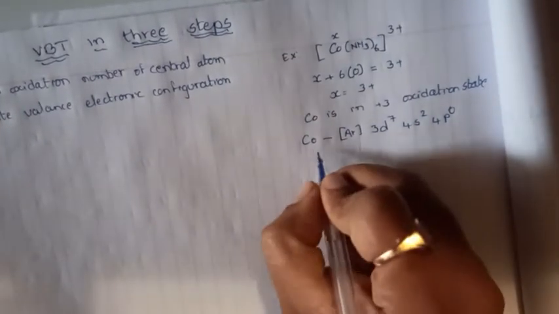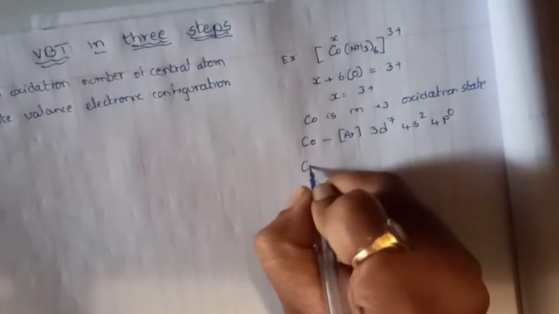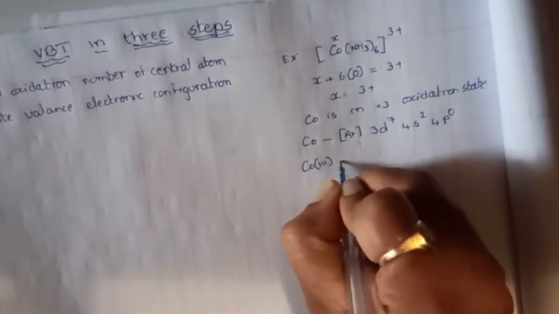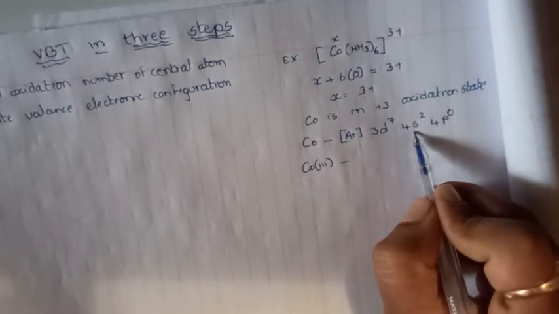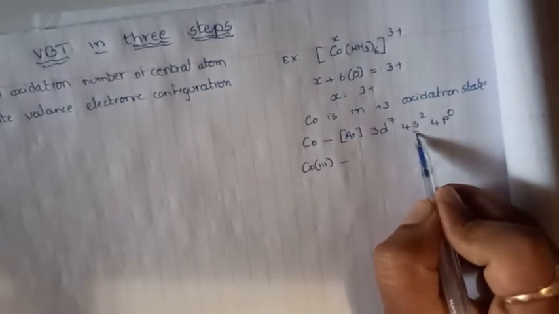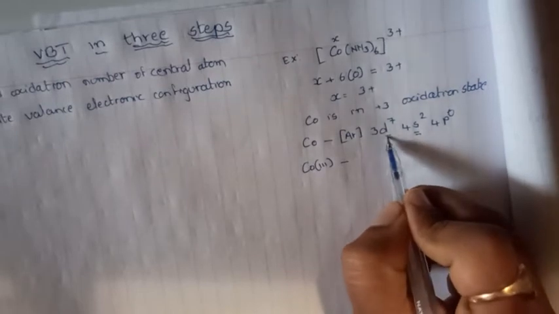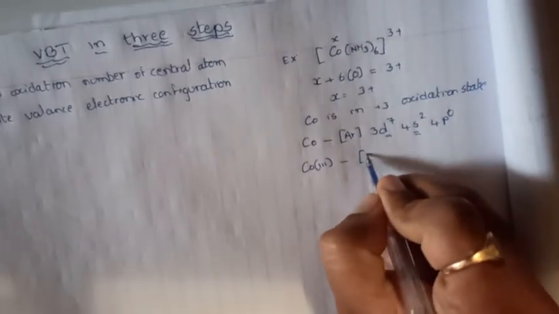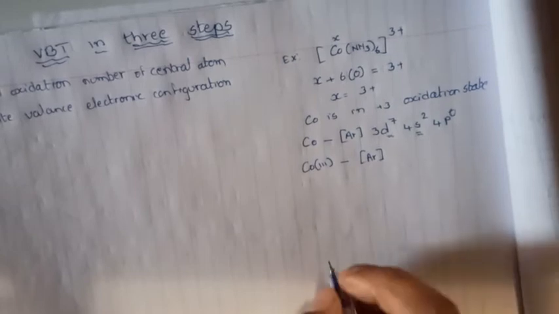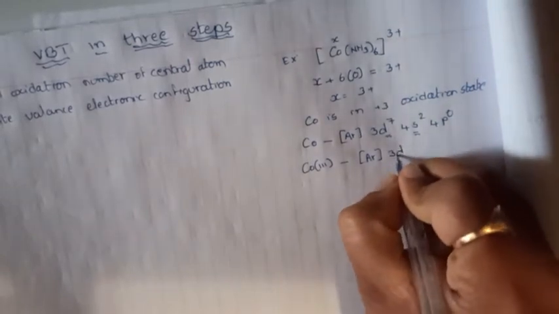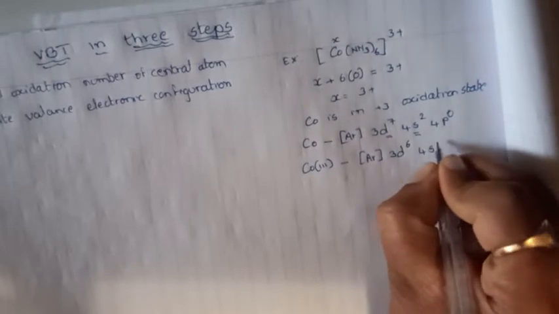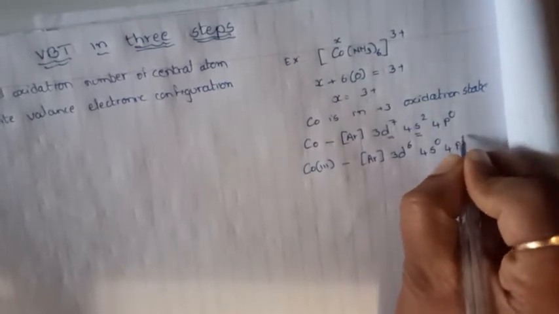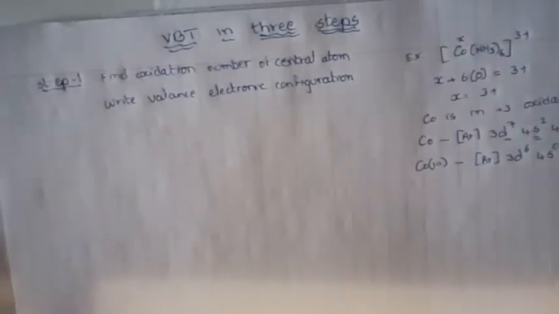But here in this complex cobalt is in the +3 oxidation state. To get +3, I first remove electrons from the valence shell, that is 2 electrons from the s orbital and 1 electron from the d orbital. Then the configuration will be 3d6, 4s0 and 4p0. So that's the first step.